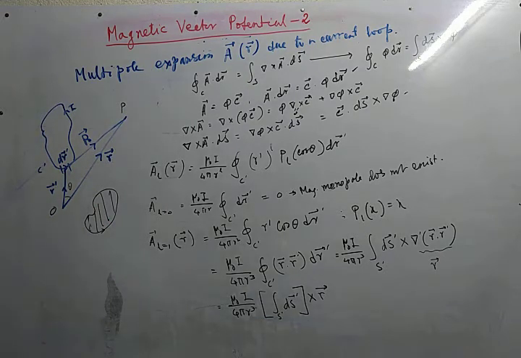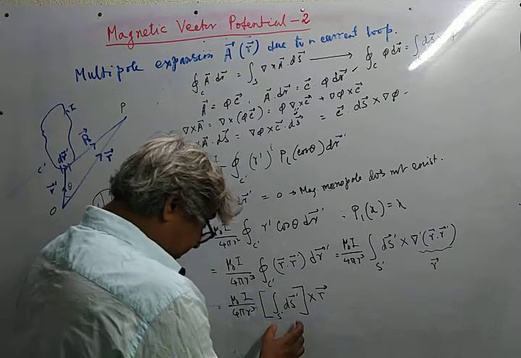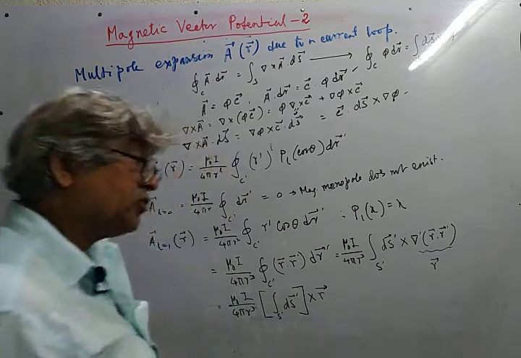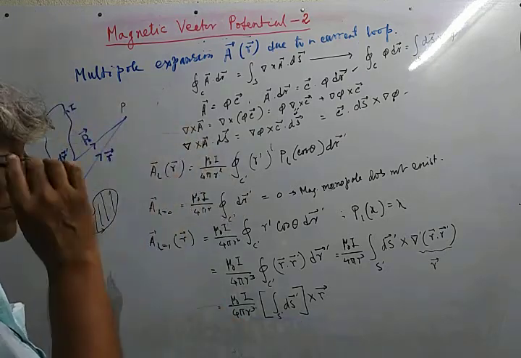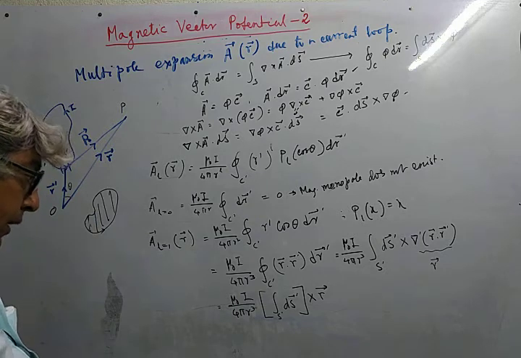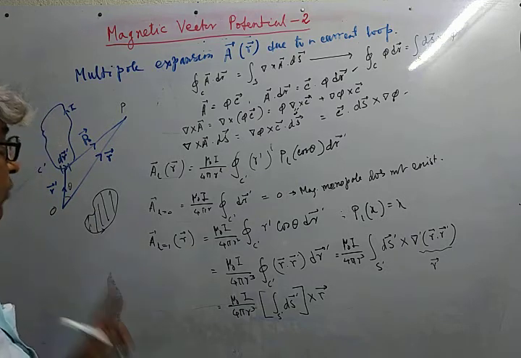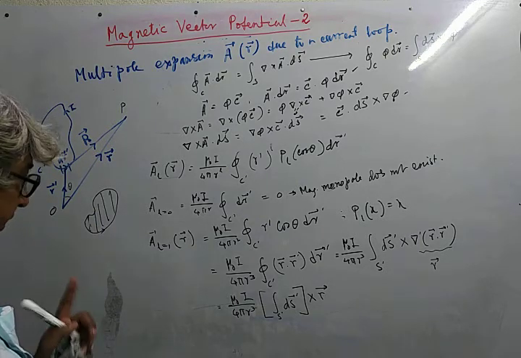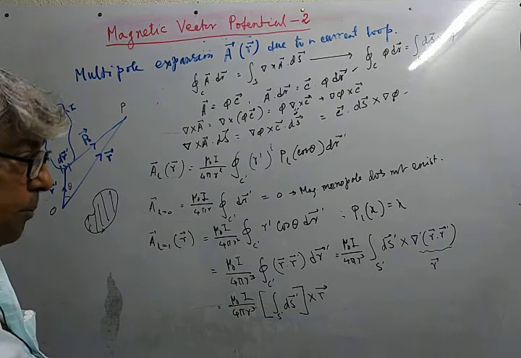But if we have a contour which does not lie in a plane, in that case ds is the vector sum of the individual elementary areas. But one thing we can do, we can consider an elementary loop.